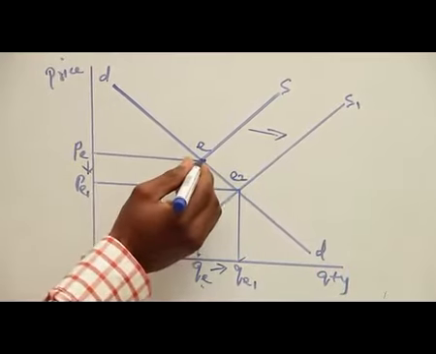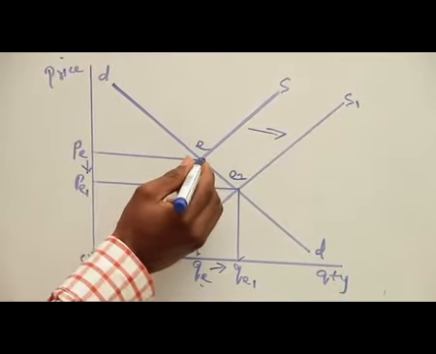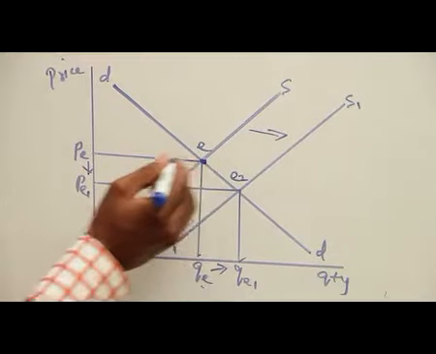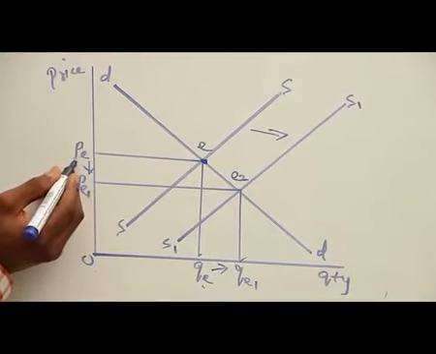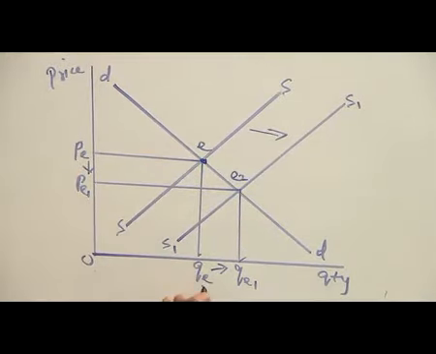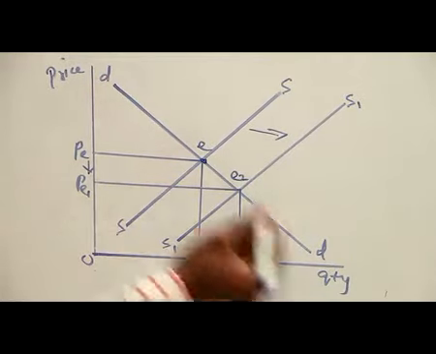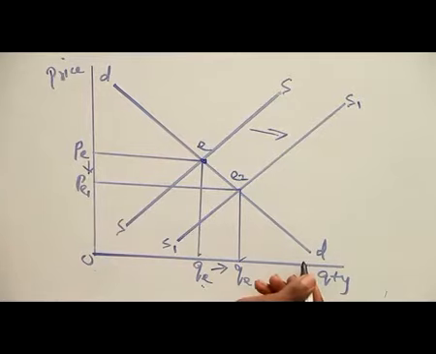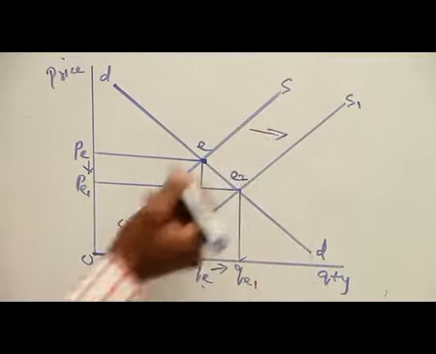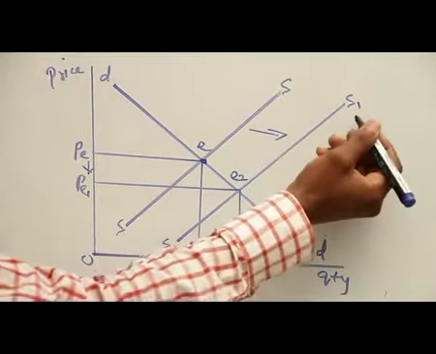Let me repeat. We have interaction of demand and supply at this point E, where equilibrium price is PE and equilibrium quantity is QE. Now, holding demand curve constant, we have a shift in supply curve from S to S1.